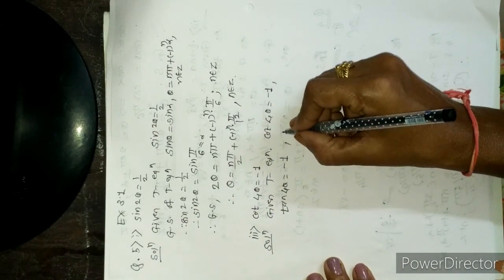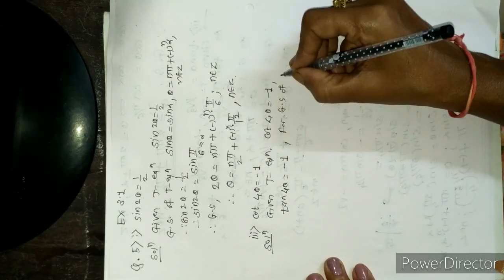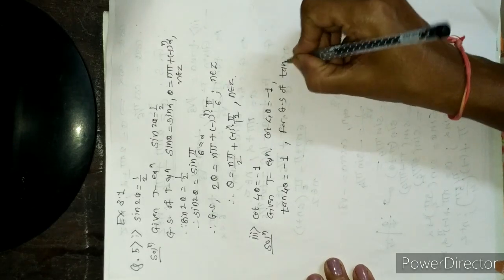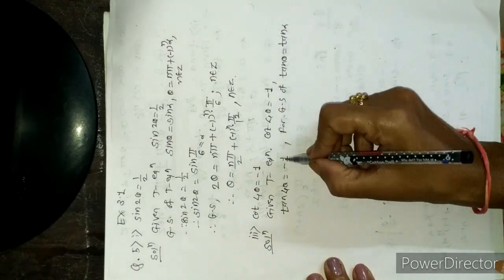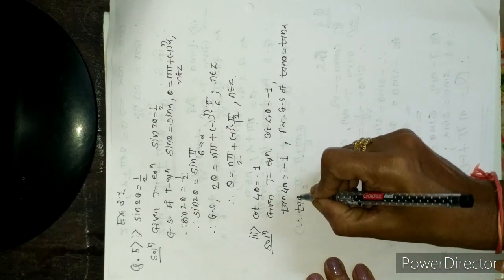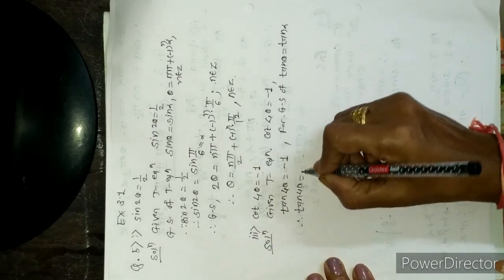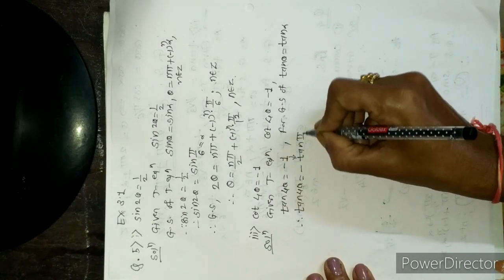Now for the general solution of the equation tan theta equal to tan alpha, but here the value is negative. So we take tan 4 theta is equal to minus, and this 1 can be replaced by tan pi by 4.